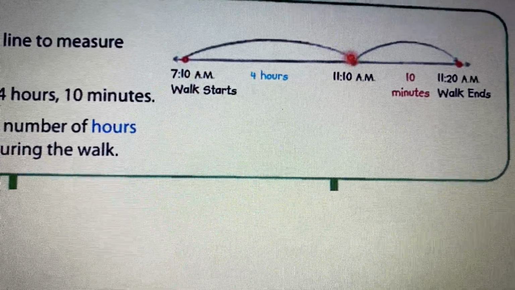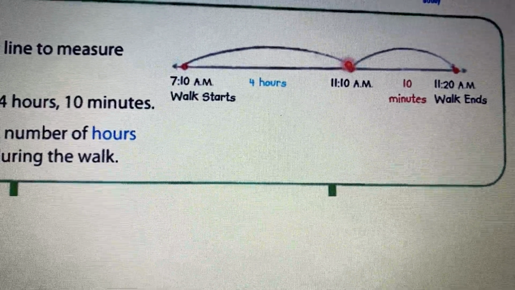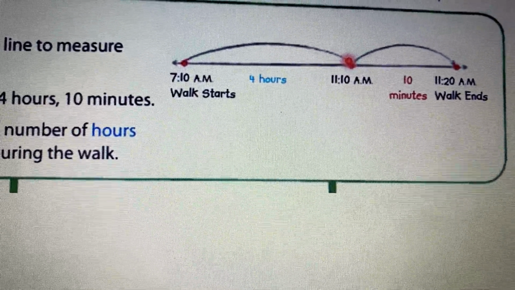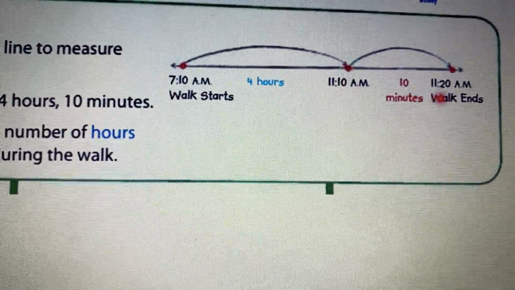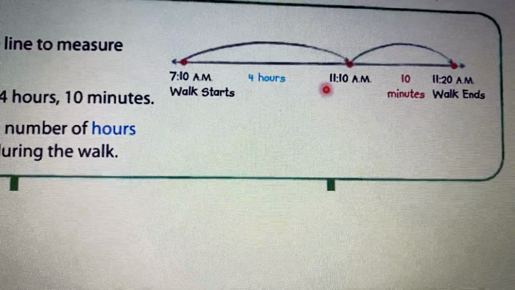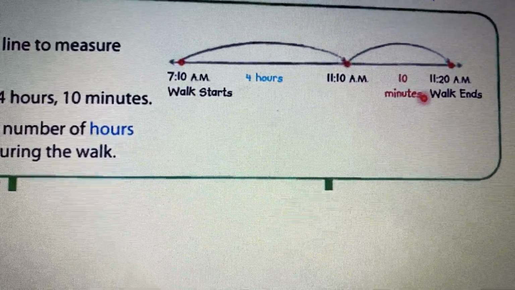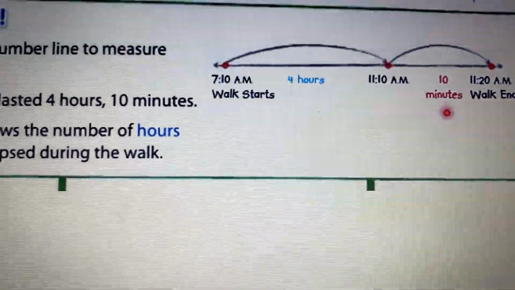But she ended at 11:20. So from 11:10 till 11:20, I need 10 minutes. So now I have 4 hours and 10 minutes.